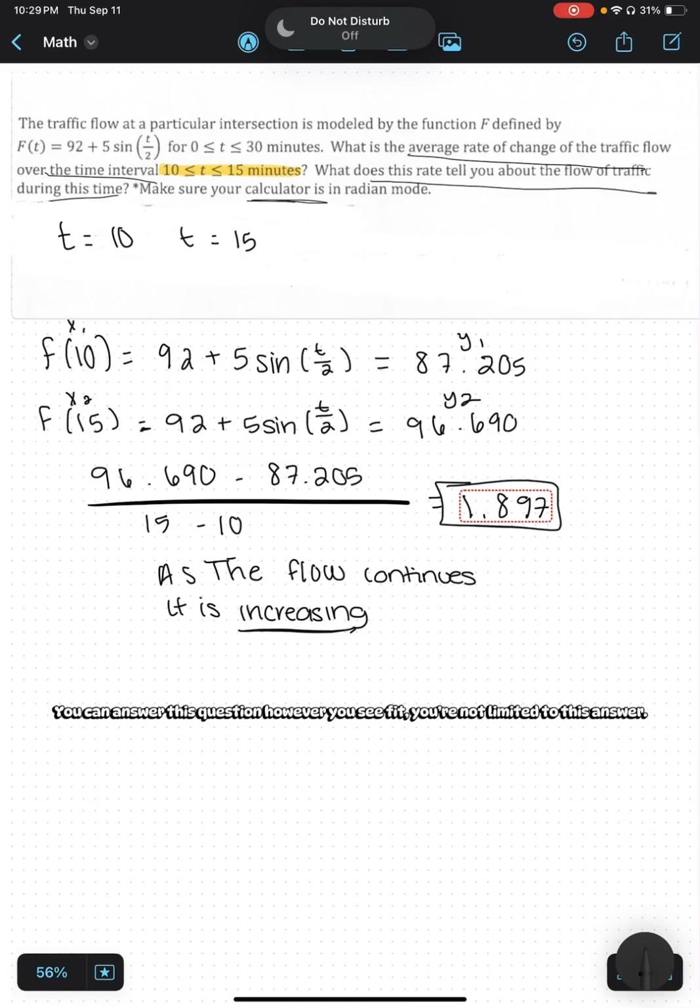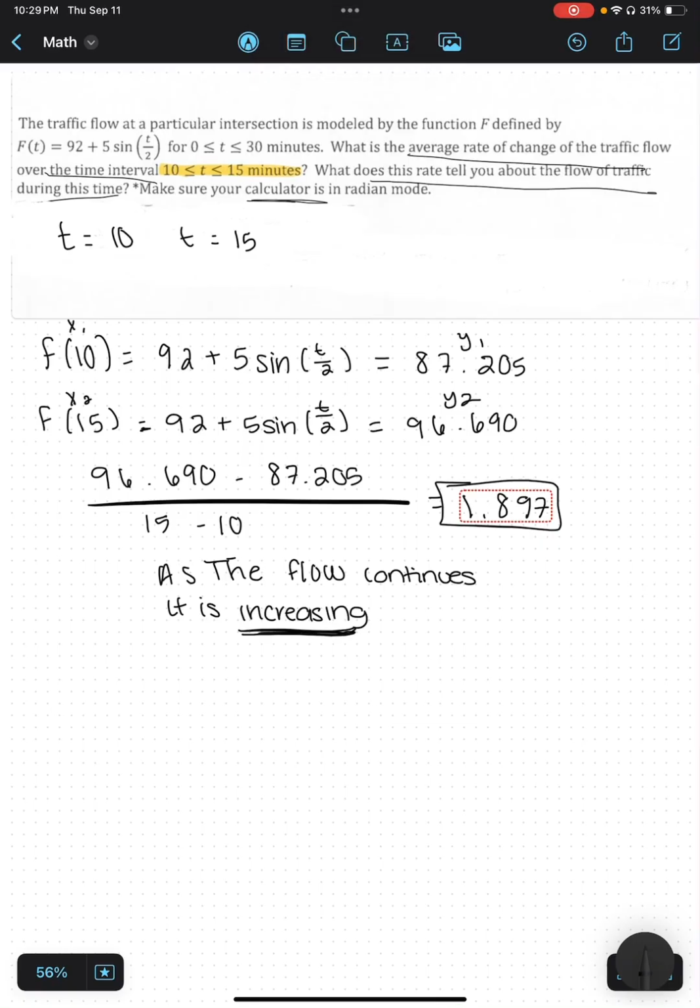So it's moving up from the time intervals t equals 10 to t equals 15, right?